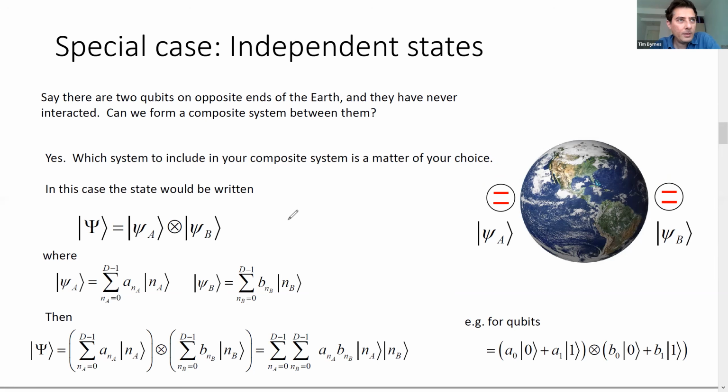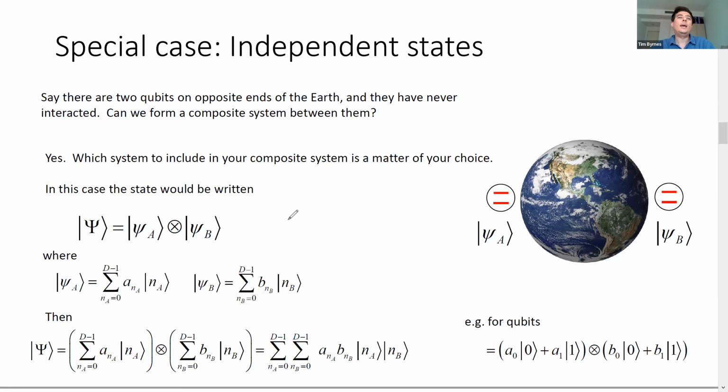Even if they've never interacted, it's purely a matter of what you choose to take into account in your calculation.